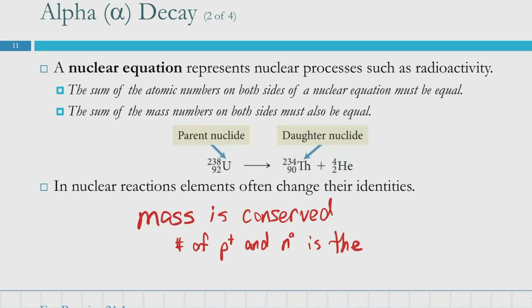So number of protons and neutrons is the same on both sides.